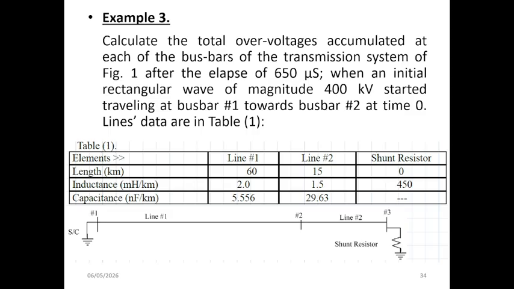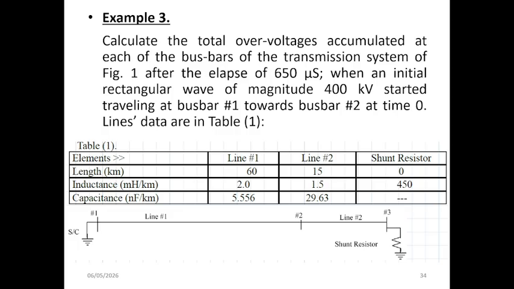So the system consists of two transmission lines with different electrical parameters, including lengths, inductances, and capacitance, as provided in this table. Line 1 is significantly longer and has a higher inductance, while line 2 is shorter with relatively higher capacitance.